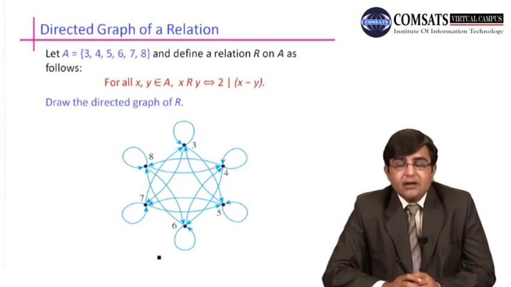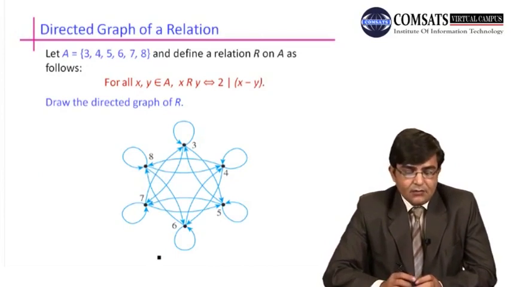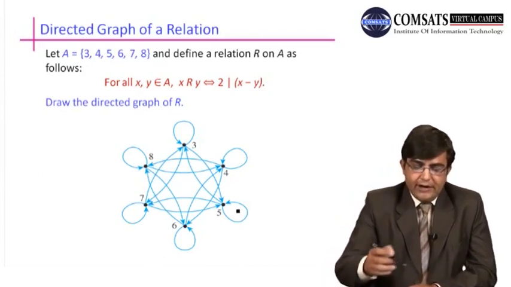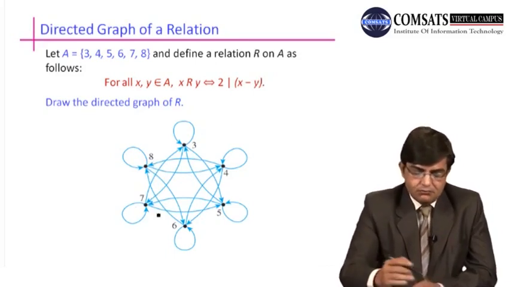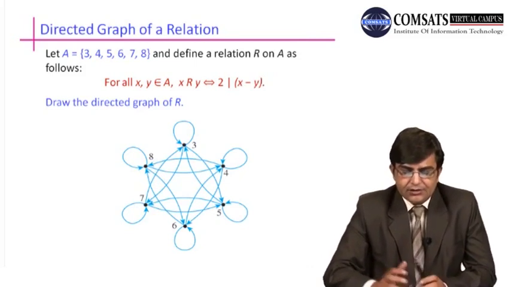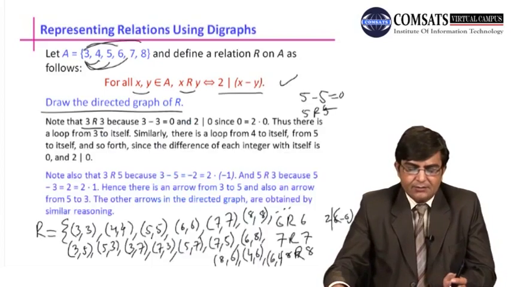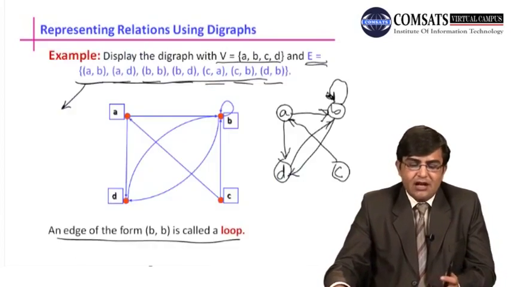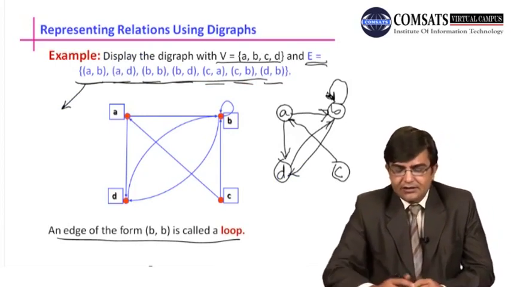So now we are in a position to draw the directed graph. We write the elements of A in a circle, in a square, in whatever pattern, just to mark the arrows between the two elements. In the previous example we had 4 elements, therefore we wrote them in that way.